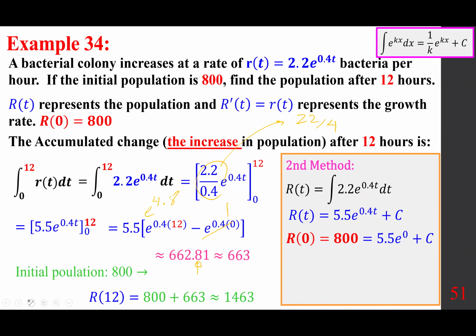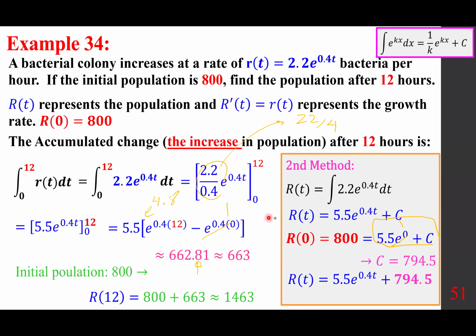As you know, e to the power of 0 is 1. So 5.5 plus what number is 800? It's 794.5. And your function becomes R of t equals 5.5 e to the power of 0.4t plus 794.5. So you can find R of 12 or R of 15 or R of 10.